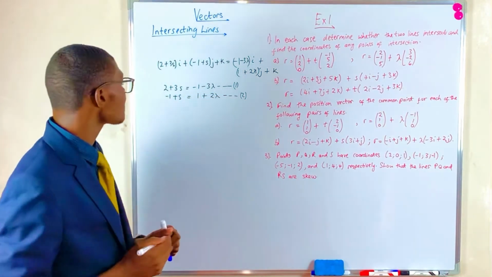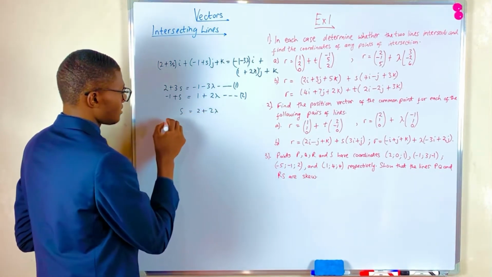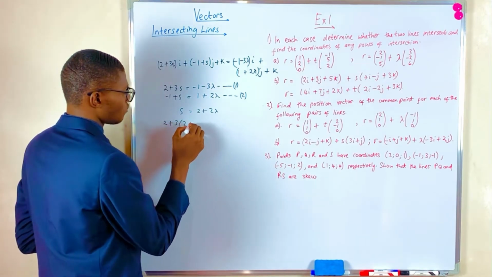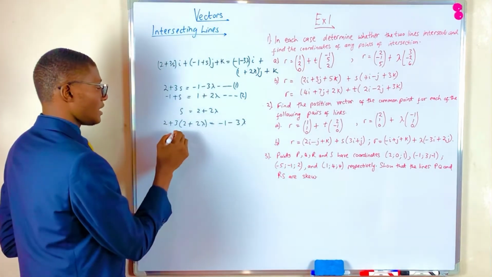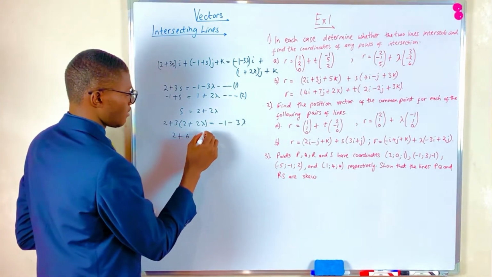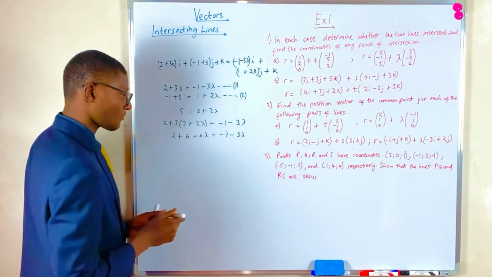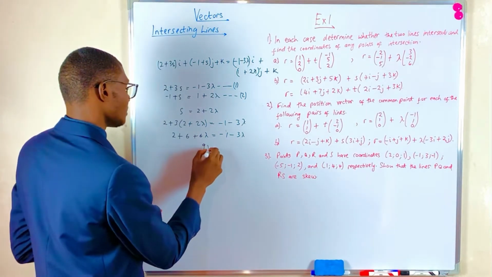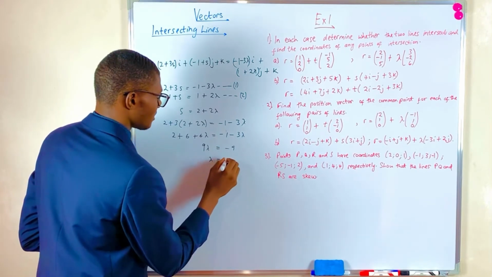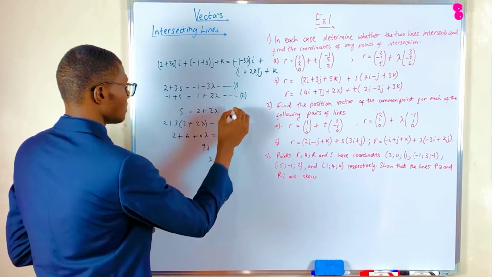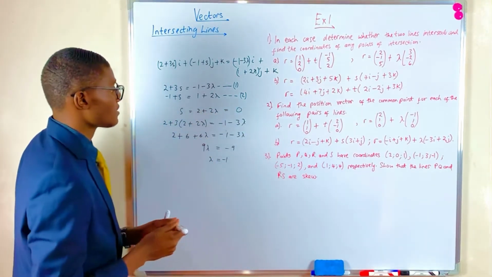If we solve by substitution, here we see that s is equal to 2 plus 2 lambda, such that 2 plus 3 times 2 plus 2 lambda is equal to minus 1 minus 3 lambda. Then 2 plus 6 lambda is equal to minus 1 minus 3 lambda, and then 9 lambda is equal to minus 9, and lambda is equal to minus 1, which implies that s is equal to 2 minus 2, which gives us 0.